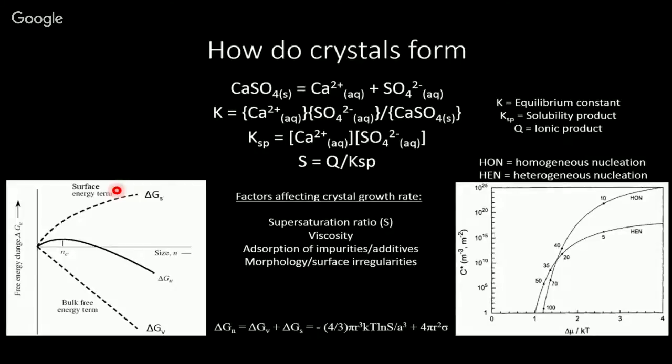So that process is never favorable. But when you combine the volume and the surface, you realize that when the particle is very small, the surface is dominant, because the surface is very big compared to the volume. But when it grows, the volume is big and the surface is proportionally smaller. So, yes? Why is the critical size not at when delta G is 0?